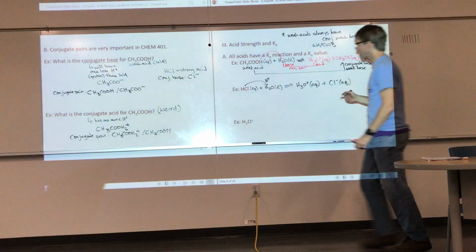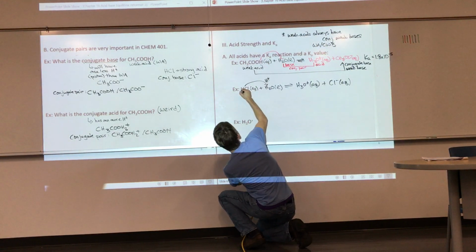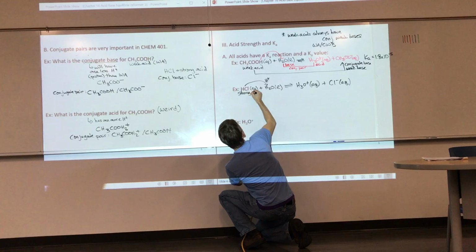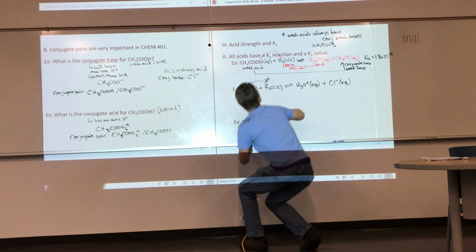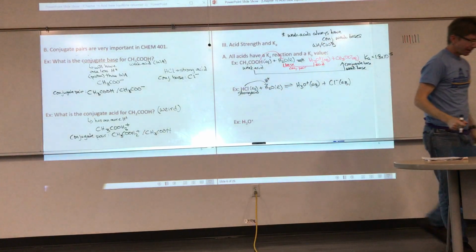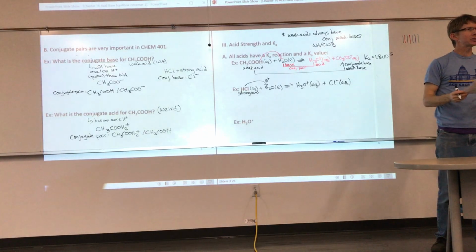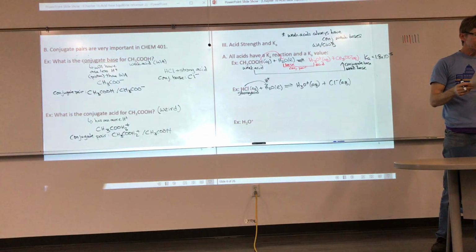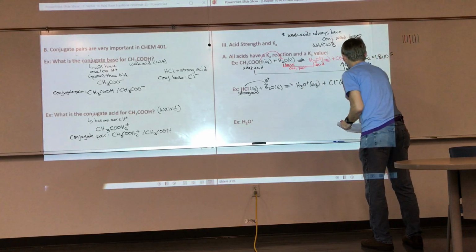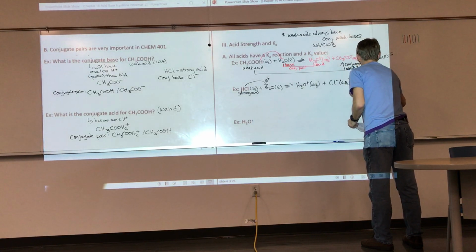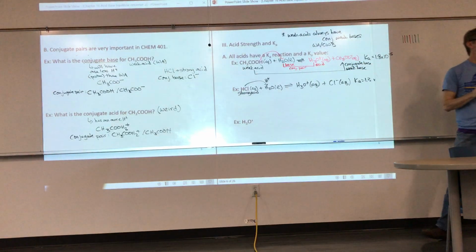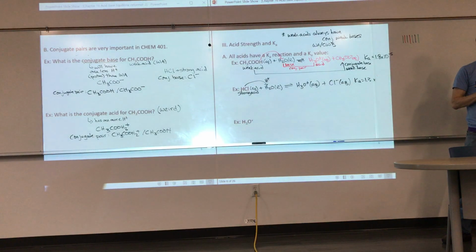So this is a conjugate pair. This is a strong acid, and it has a Ka value too. Ka equals 1.3 times 10 to the plus 6.